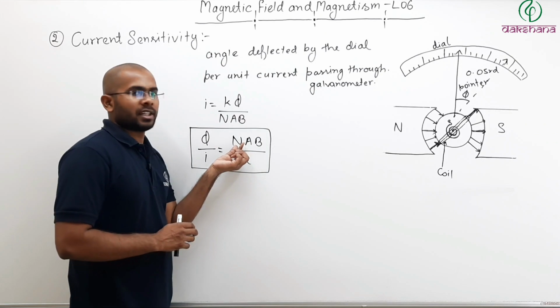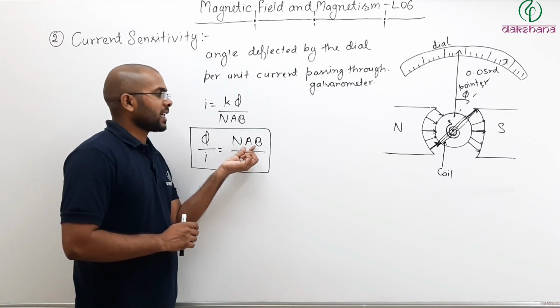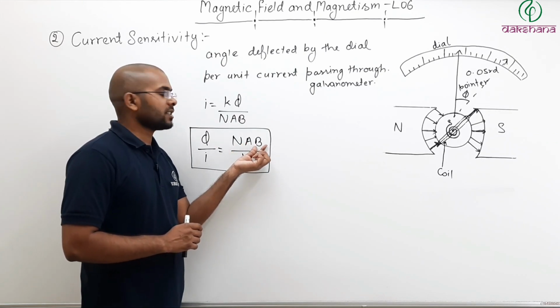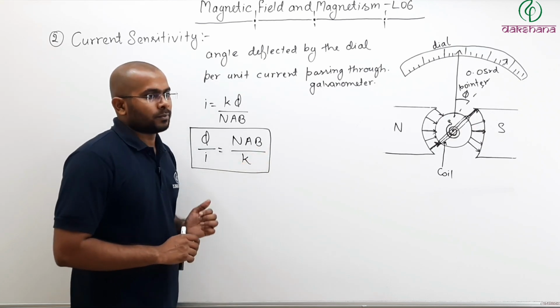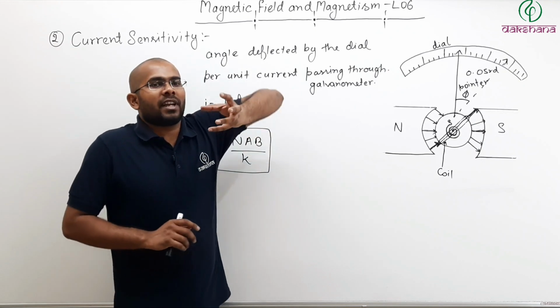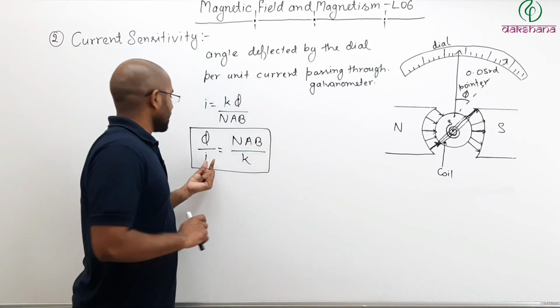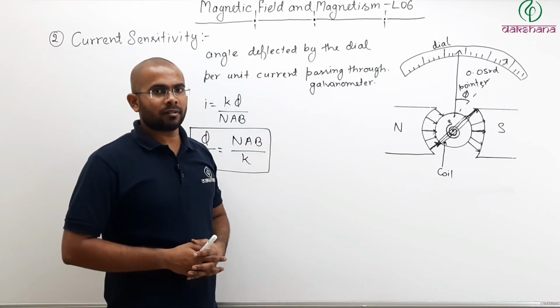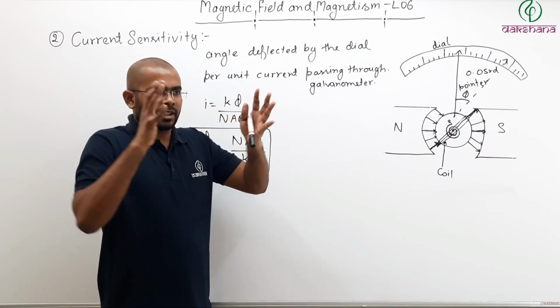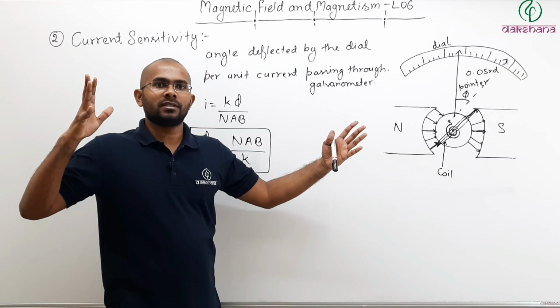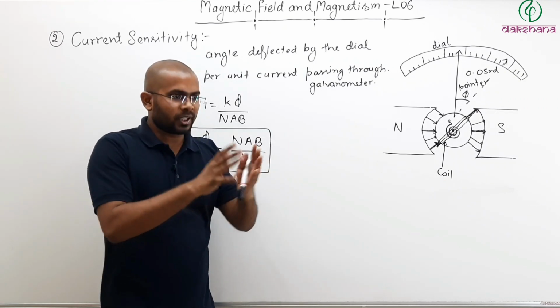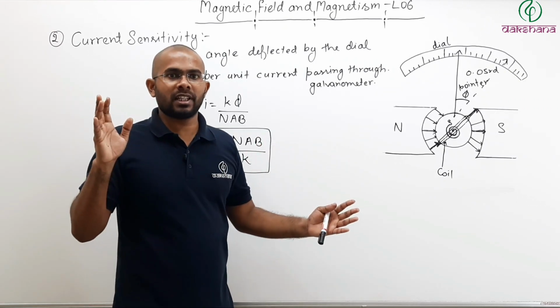Either I can change the number of turns, or the area, or the field, or the value of K. If you want to increase the area, then what will happen? See, the greater the area, bigger will be your galvanometer. So that will be a problem. You cannot make your galvanometer very large.